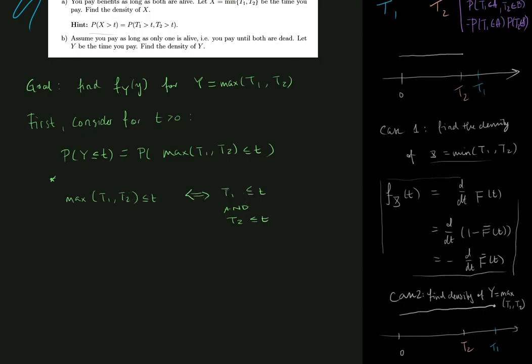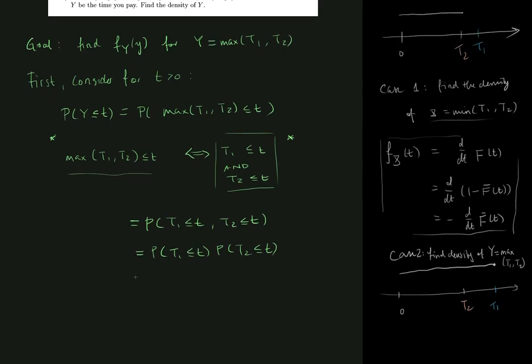So the implication goes both ways, which means that this event here is exactly equivalent to this event over here, which means that they have the same probability. So this above is equal to the probability that T1 is smaller than or equal to t and T2 is smaller than or equal to t. And again, by using independence of T1 and T2, this is equal to the probability that T1 is smaller than or equal to t, multiplied by the probability that T2 is smaller than or equal to t.